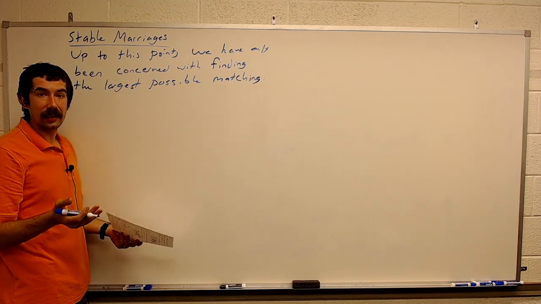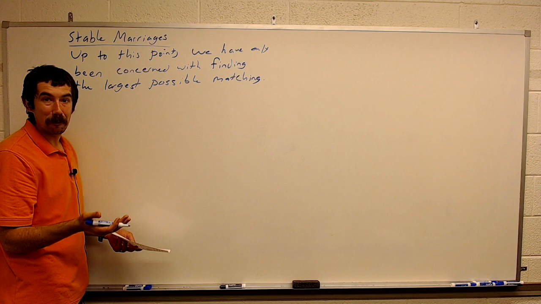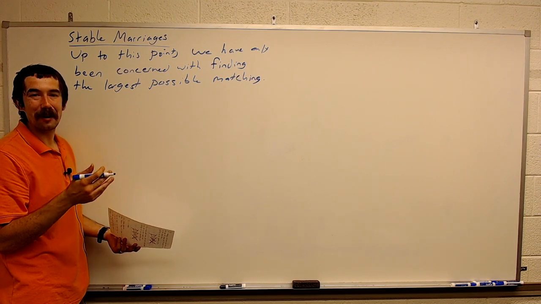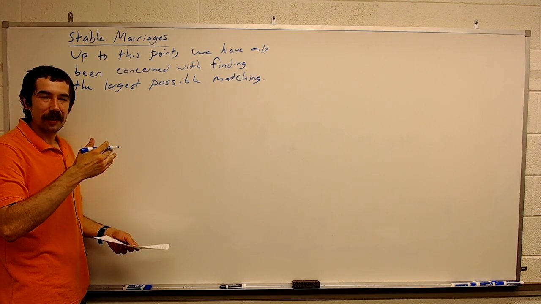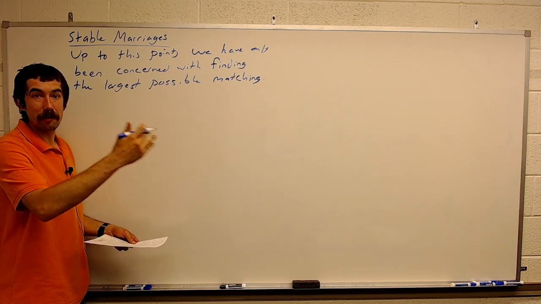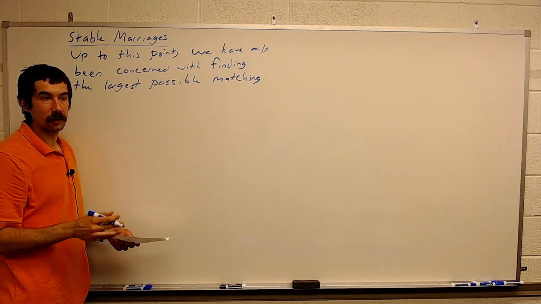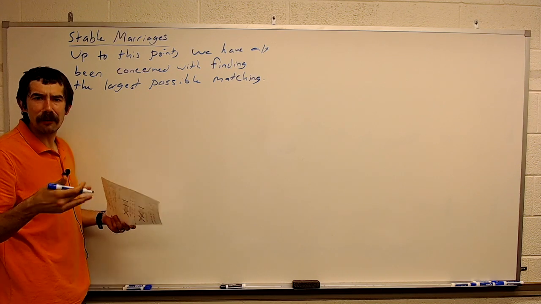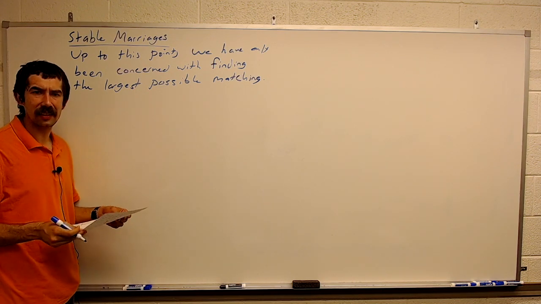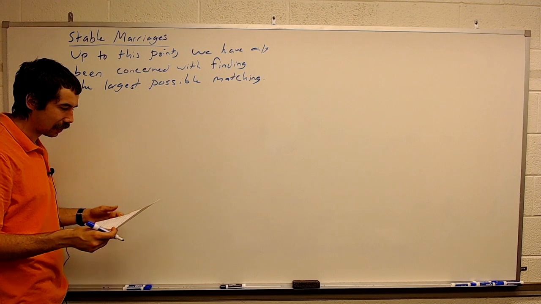So we're going to look at an example like pairing people up for marriage, for instance, or matching residents to hospitals, where there's some preferences that each person has, and we want people to be happy, okay?